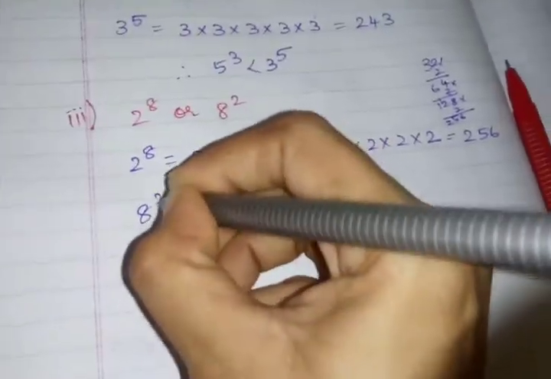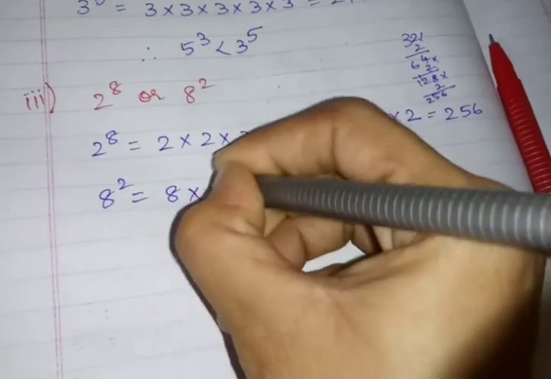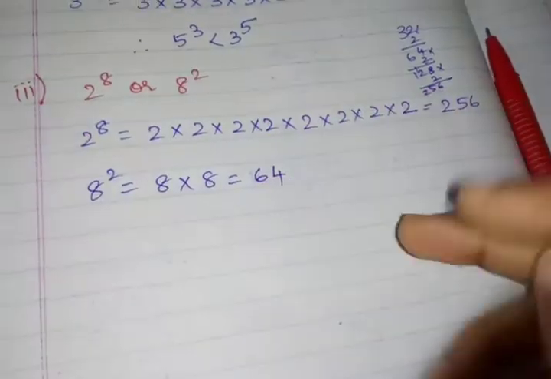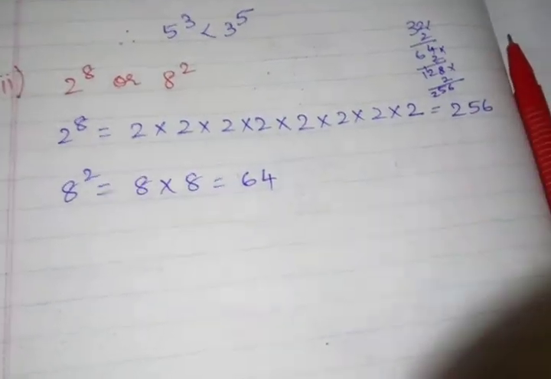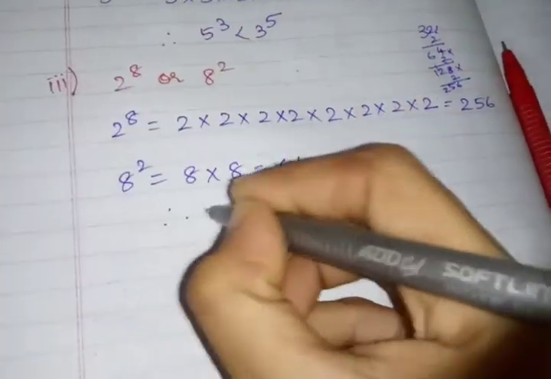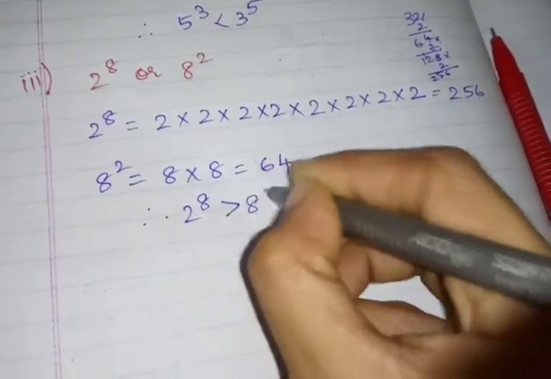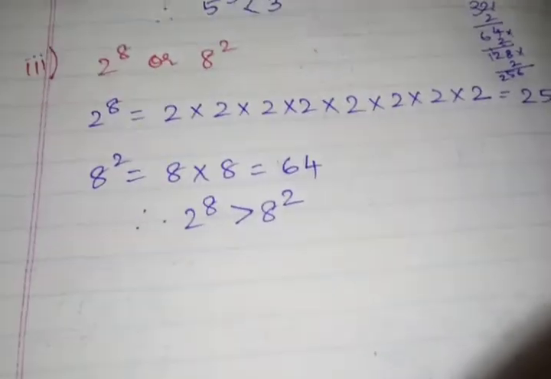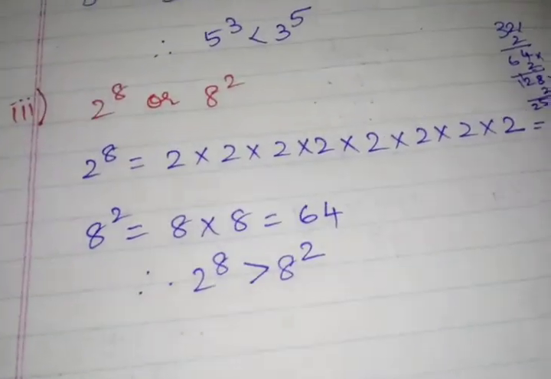Now, what is 8 square? 8 into 8, 8 8s are 64. In this, which is greater? Obviously 2 power 8 is greater than 8 square.